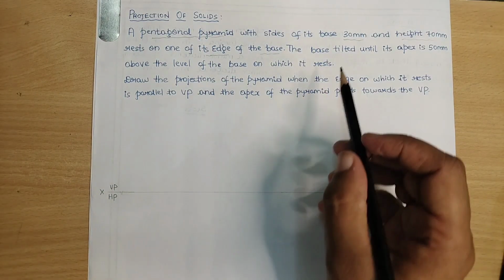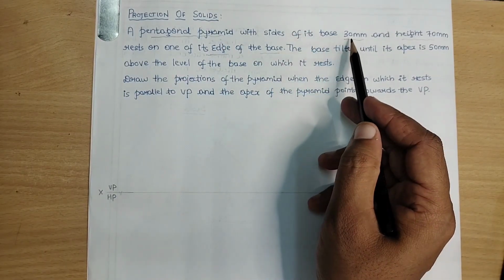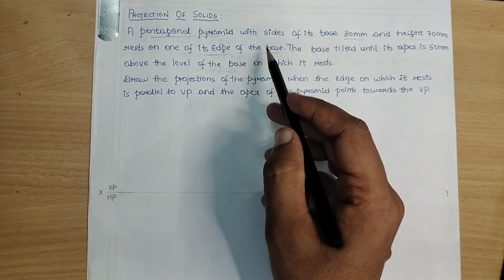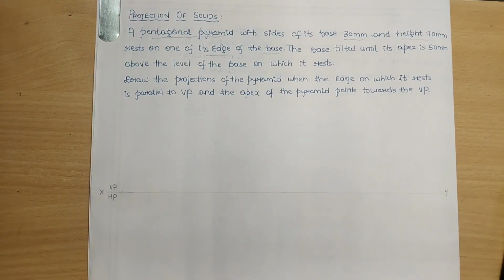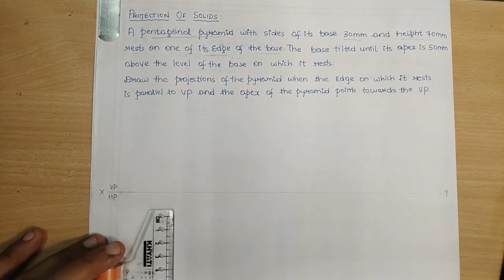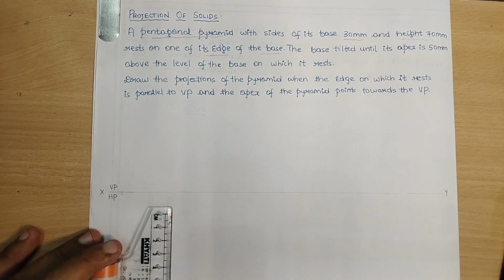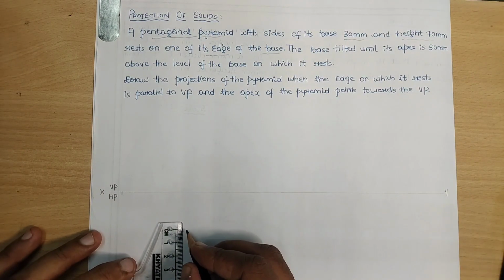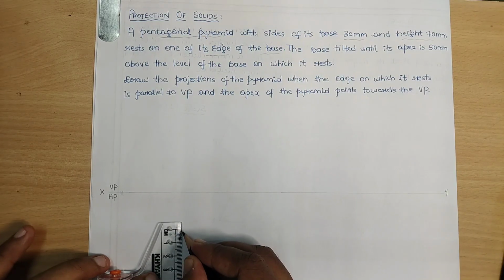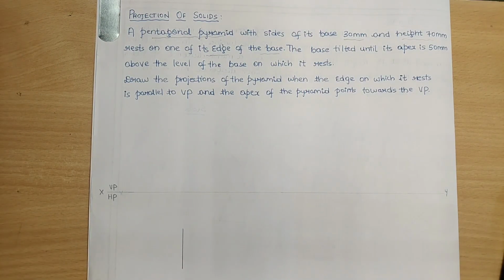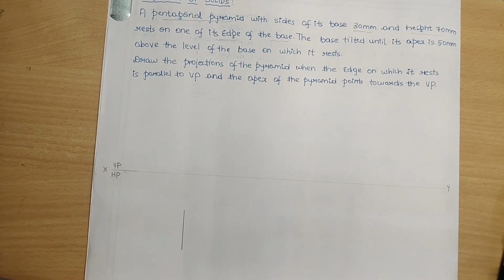So the first thing is, I want a pentagon of 30 mm side resting on one of the edges of the base. First I will construct the edge position of a pentagon of 30 mm, that is nothing but 3 centimeters in my normal scale. What is the angle of a pentagon? 360 degrees divided by 5 sides of the pentagon, so that would be 72 degrees.